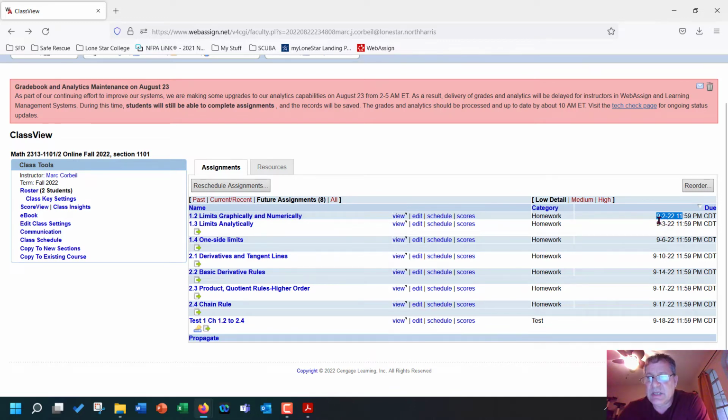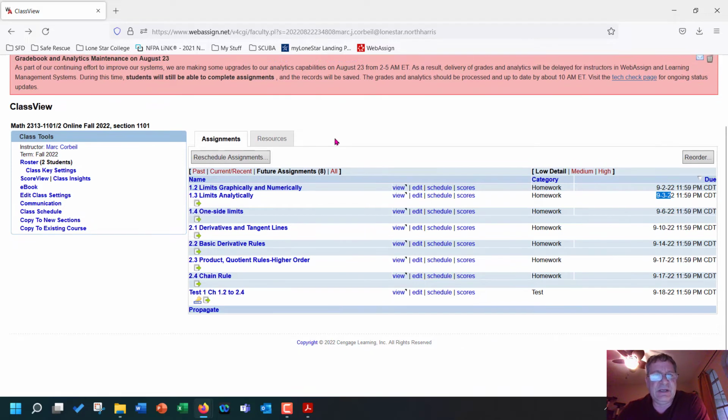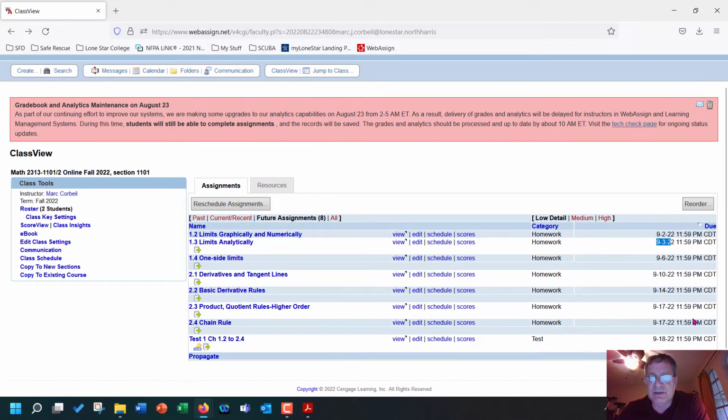The first assignment is going to be due in the midweek, and the second assignment each week is going to be due at the very end of the week. And there's going to be more to that, so you can see that the dates are different for most of the assignments as you go through. That's going to vary and change, so you have to keep an eye on those due dates and make sure you see that.